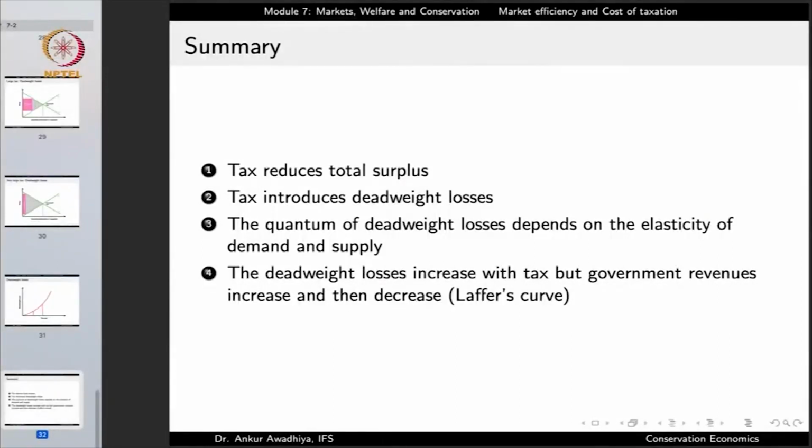Then we observe that when there is a taxation, it reduces total surplus, and the earlier total surplus is now distributed between the producers, the consumers, the government that gets the tax revenue, and the deadweight loss that accrues to neither the producer nor the consumer nor the government.